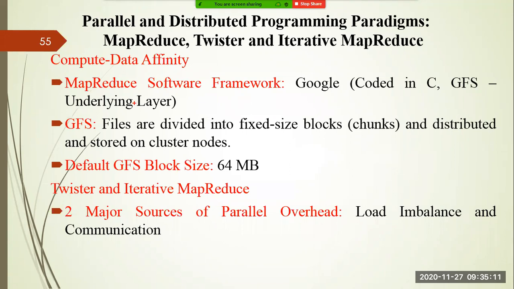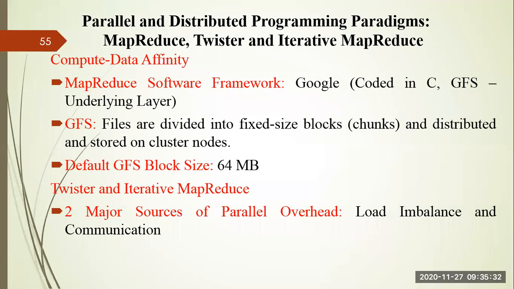If you have a cluster, you have a set of nodes and you distribute these chunks to various nodes. The default size of each block in GFS is 64 MB.